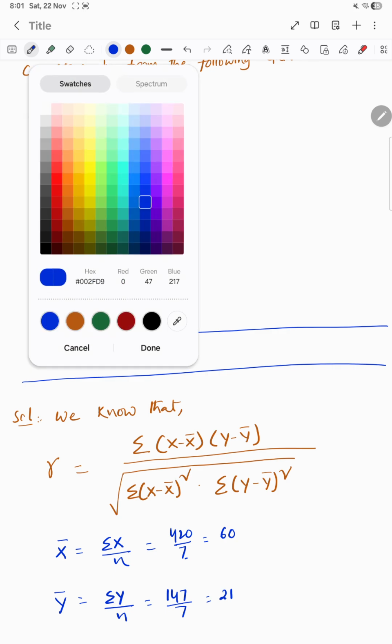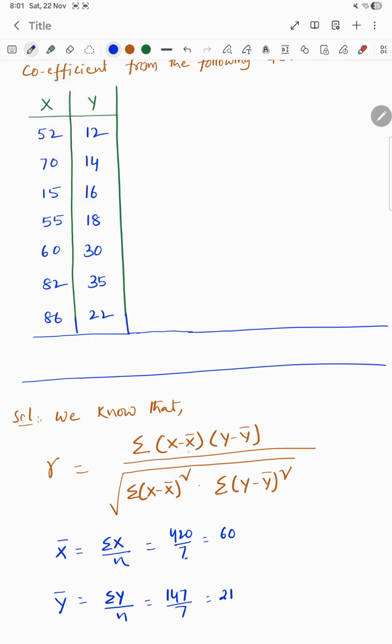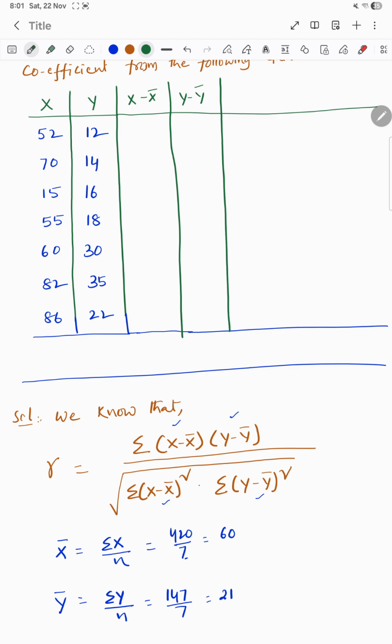Now our target is we need to find x minus x bar, y minus y bar and their product, and also (x minus x bar) whole square and (y minus y bar) whole square. So in the next column, I am going to calculate x minus x bar and y minus y bar. After that I will multiply x minus x bar and y minus y bar.